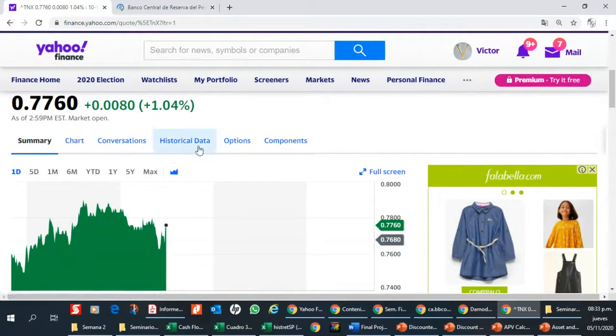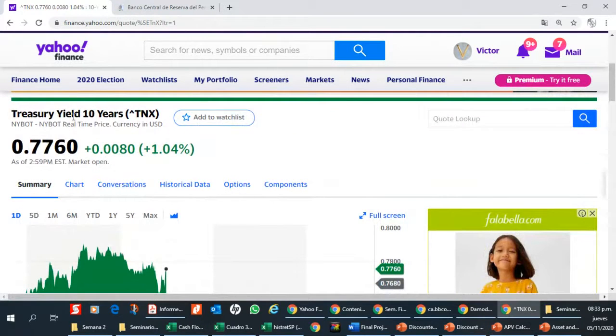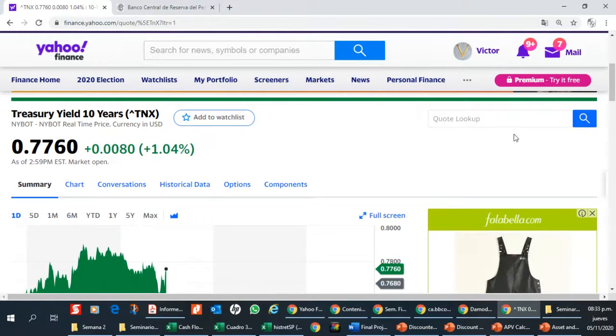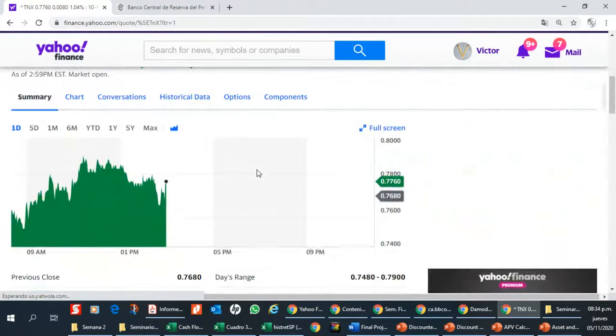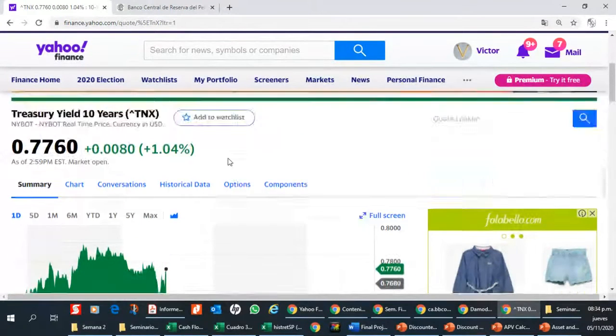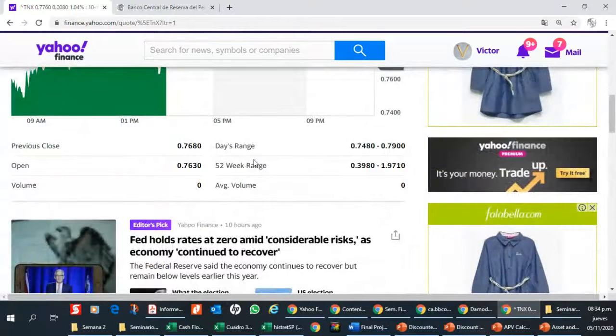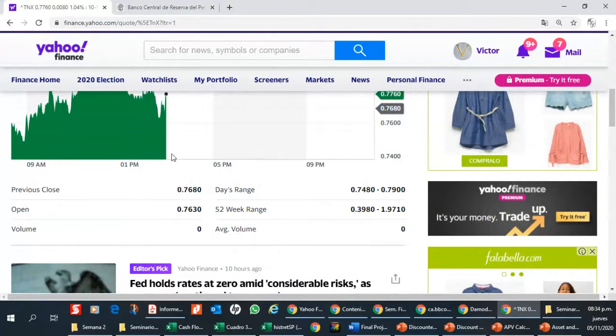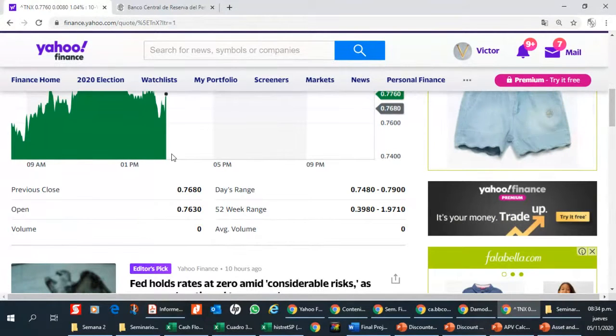This is the information for the 10-year Treasury bond, which has the ticker TNX, and we're going to see that it has right now a yield of 0.7760, given the current low level of interest rates in the market.